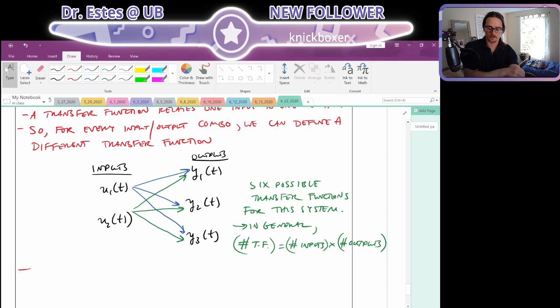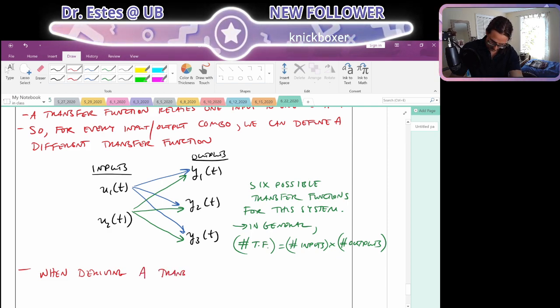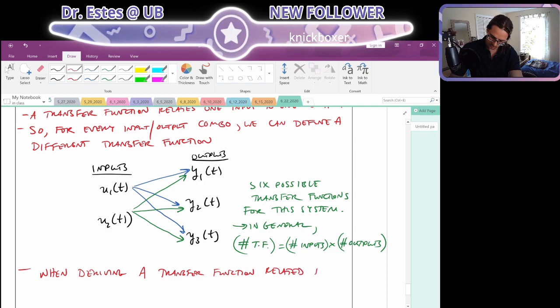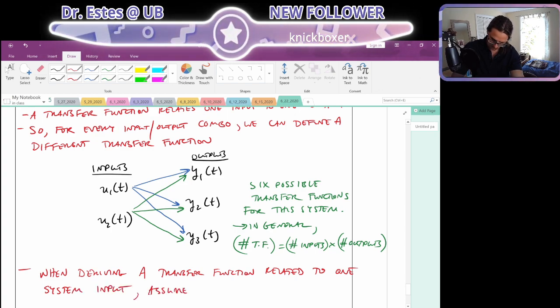Okay, now here's one other thing to remember. When deriving a transfer function related to one system input, assume all other system inputs to be 0.